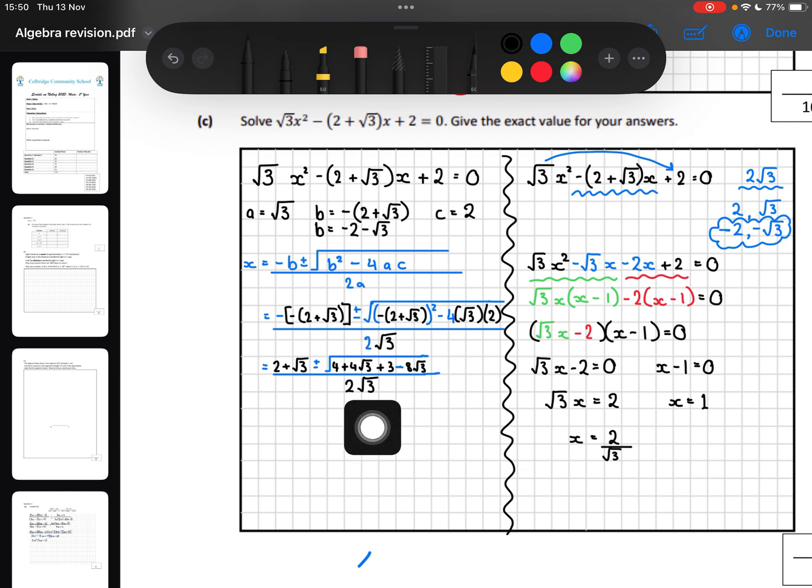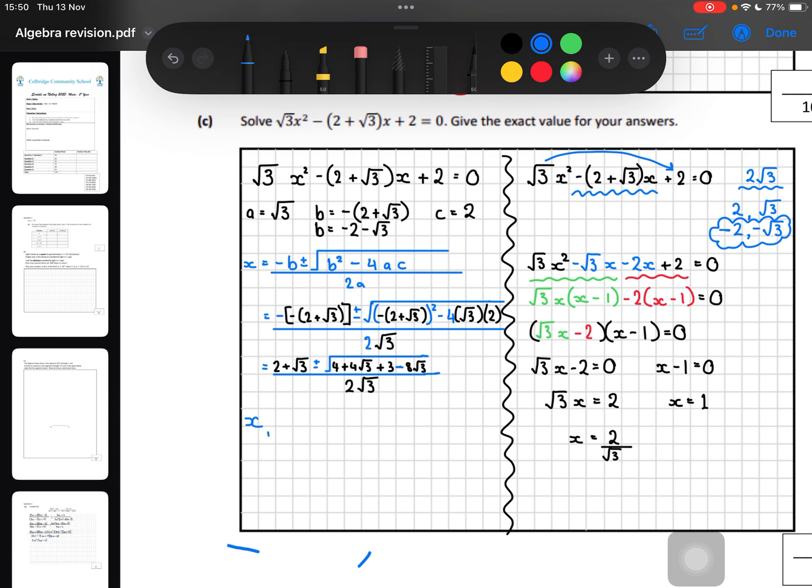And again, at this point now, you could definitely type it into your calculator. Or you could go and start simplifying again so that you get 2 plus square root 3 plus or minus the square root of 7 minus 4 square root 3 all over 2 square root 3. Okay, I'm going to put it into my calculator twice.